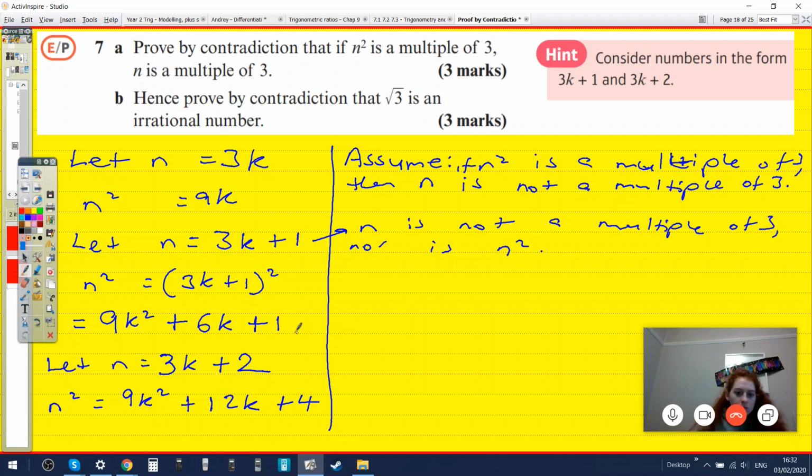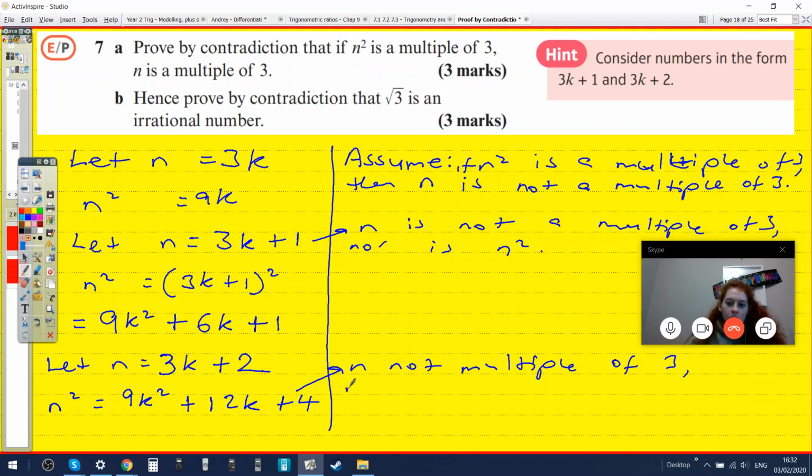And then same thing for this one again. Nor is n squared. I'd say this is even like proof by exhaustion. Therefore, no such number exists.